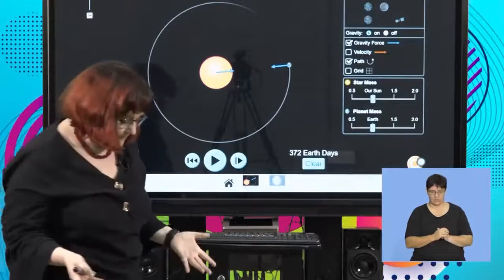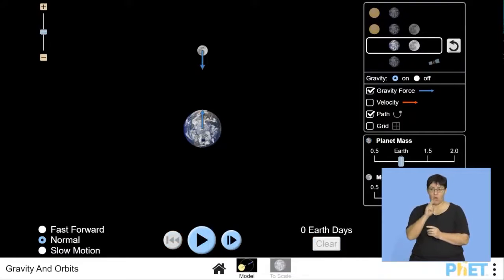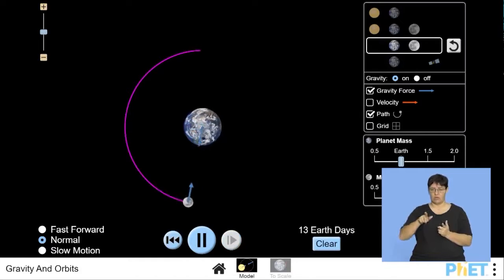But we know that around the Earth we have our moon. If we look at just the Earth and the moon, there we go, Earth and our moon, same forces of attraction, has to be the same, Newton's third law. When I do that, oh look, it goes quickly.